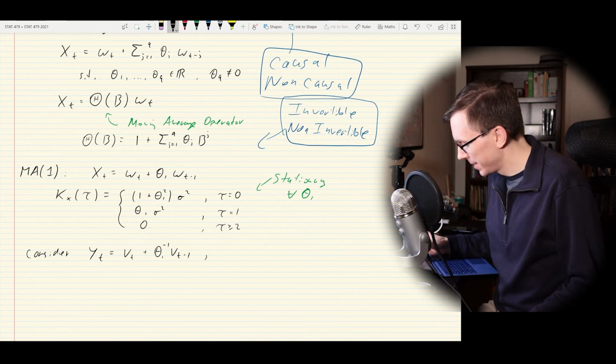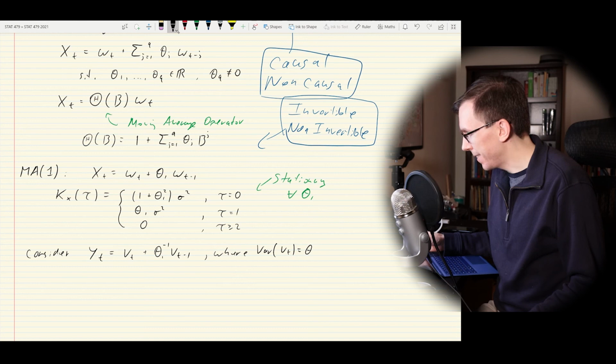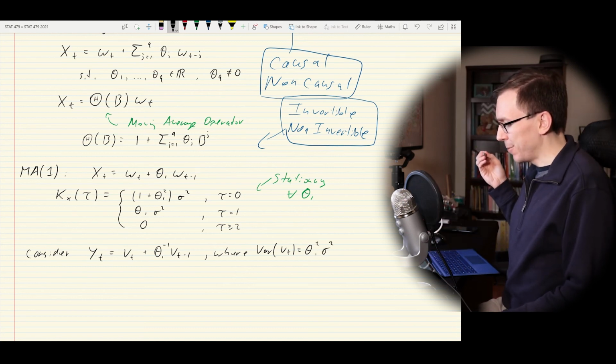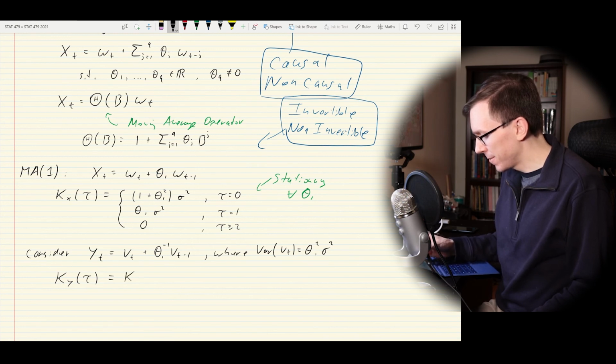Where I should say, v_t, I'll just write the variance, where the variance of v_t is going to be theta_1 squared sigma squared. And if we do that, then it turns out that the autocovariance of y at tau just happens to be the same as the autocovariance of x at tau.